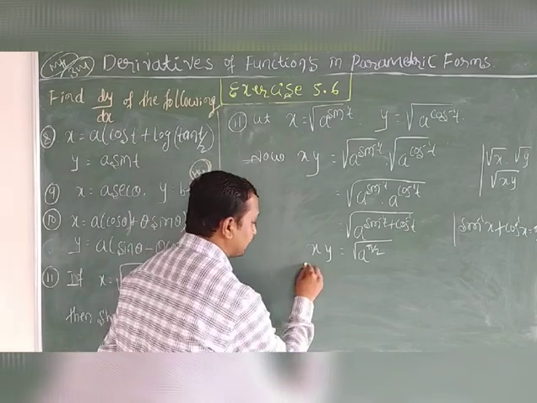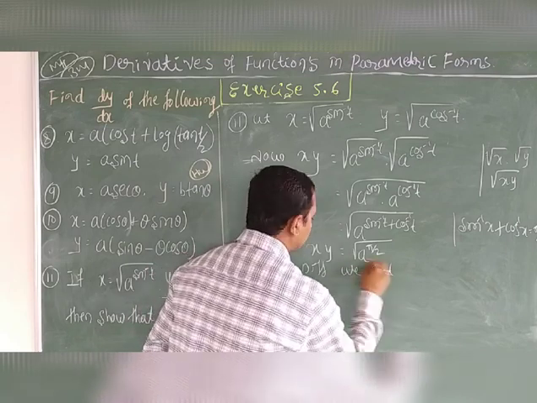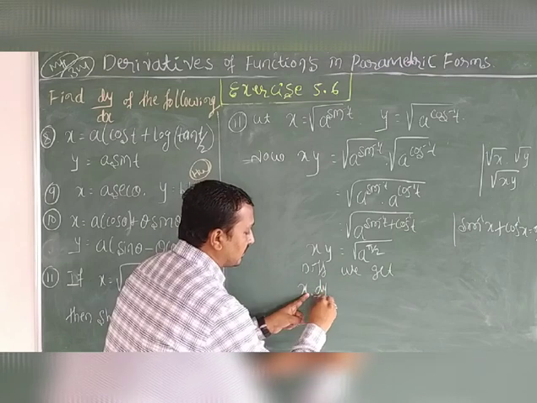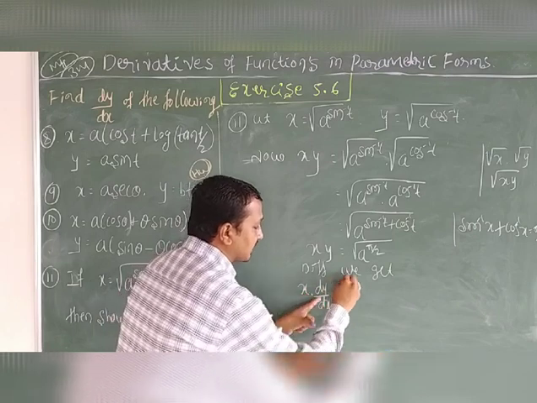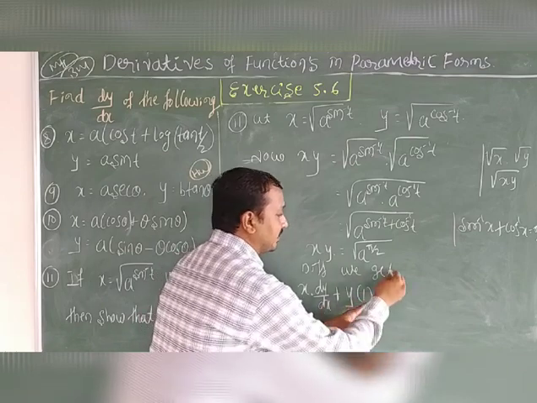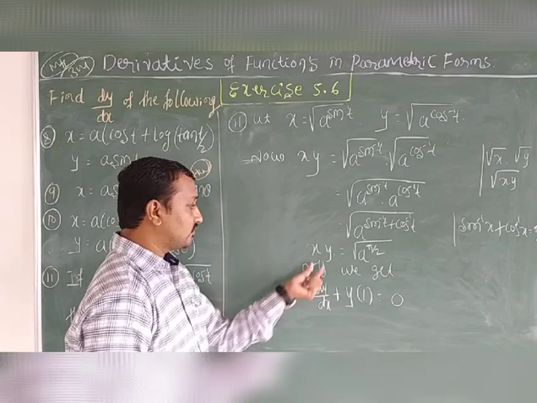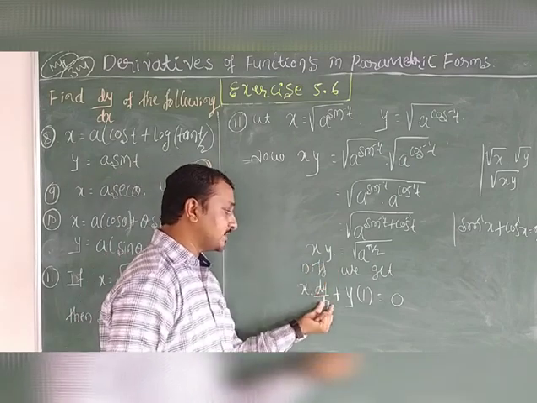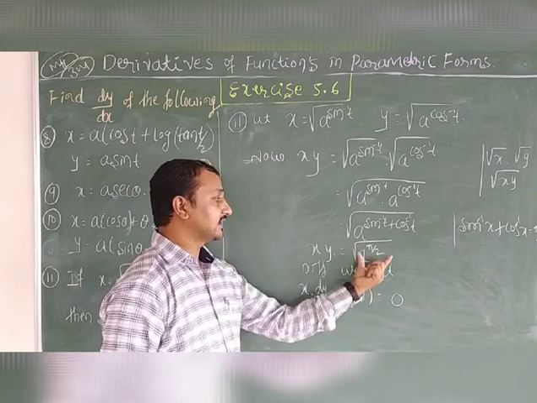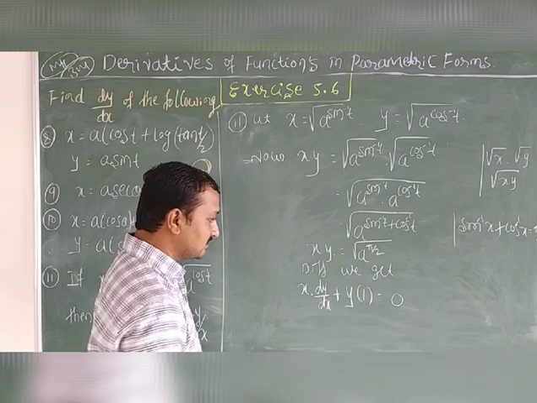Differentiating, we get: first function x kept as it is, then derivative of y is dy by dx, plus second function y kept as it is, then derivative of x is 1. That is equal to the derivative of the whole constant function, which is 0. Is that clear?